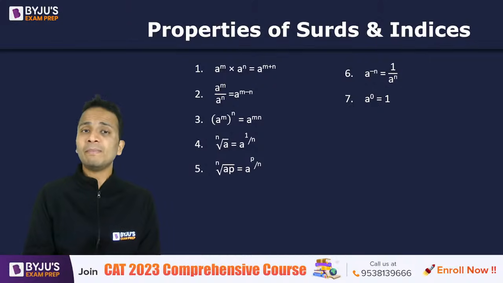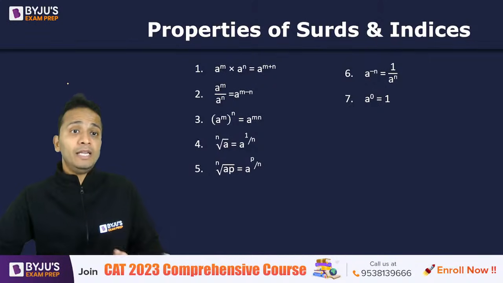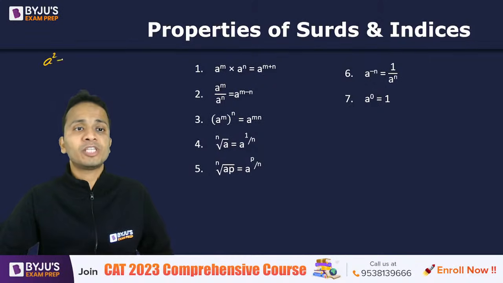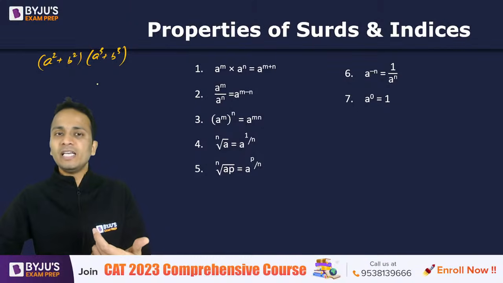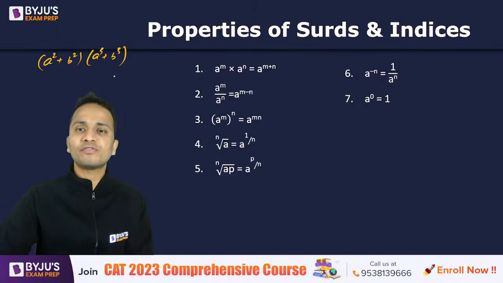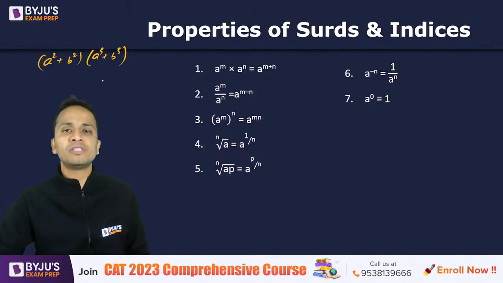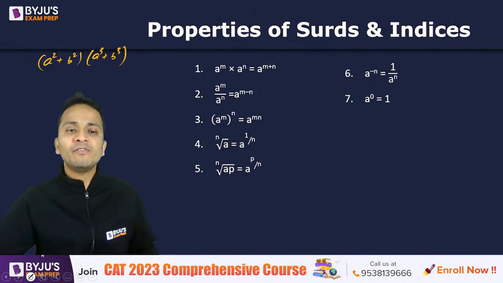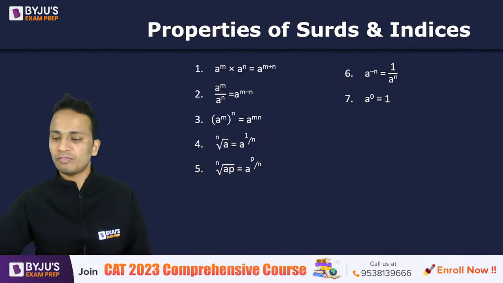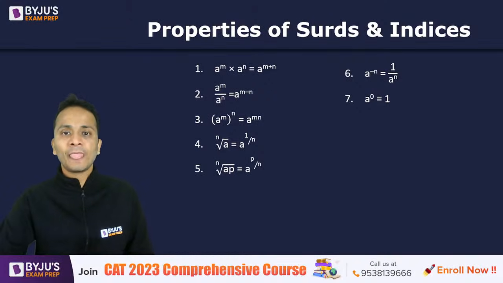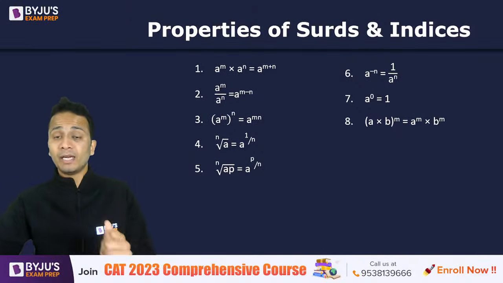So definitely simplification will help. Let's say if you have to simplify the expression like a square plus b square multiplied by a cube plus b cube. Okay, so definitely the basic properties of surds and indices will help you in simplification of such things and dealing with certain higher powers of the numbers. All right, Vivek? Okay, moving ahead, property number 8.